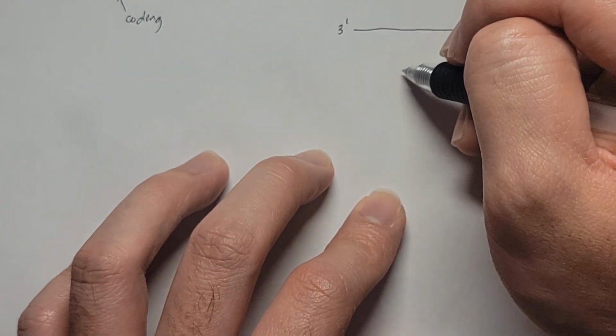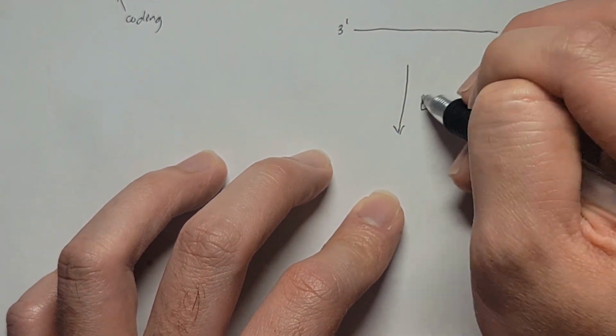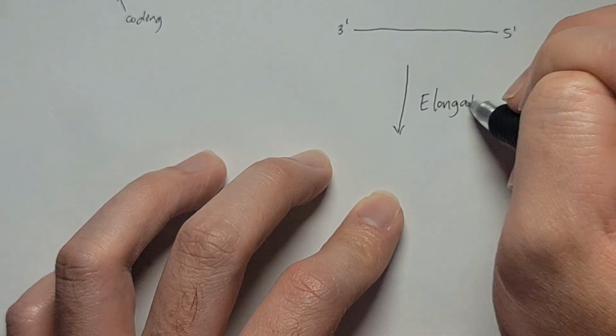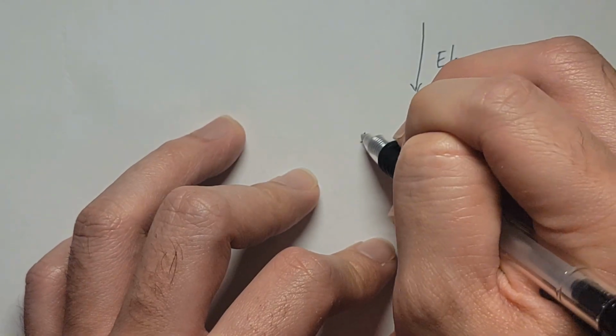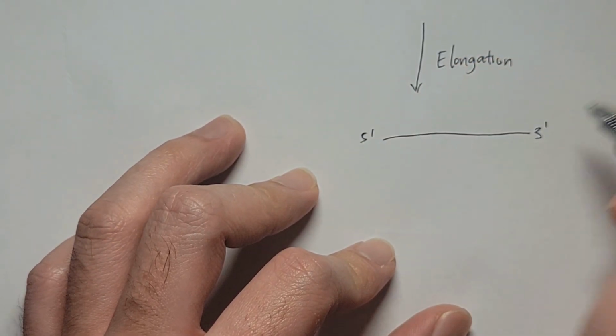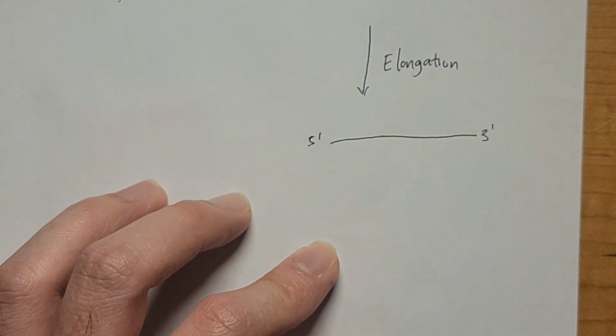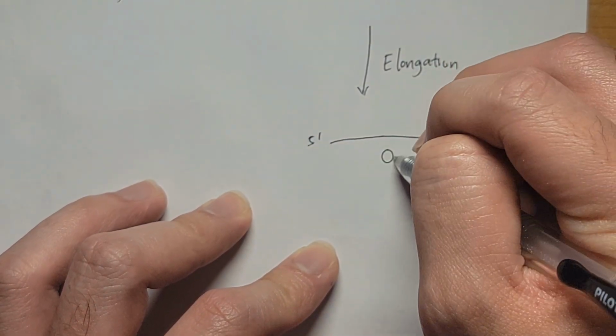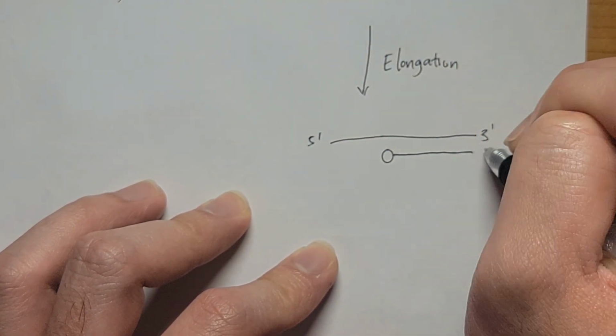Now, during elongation, RNA polymerase will just keep adding nucleotides.